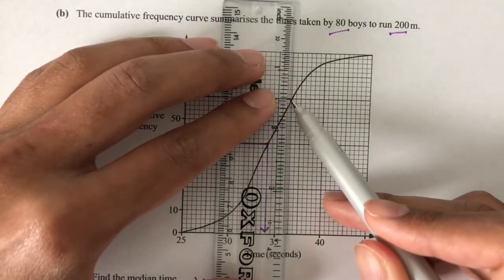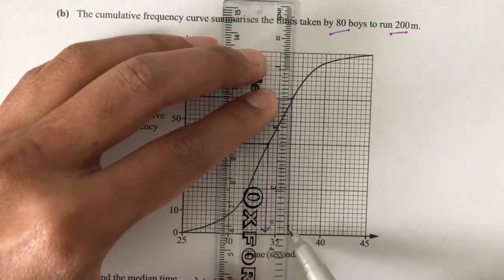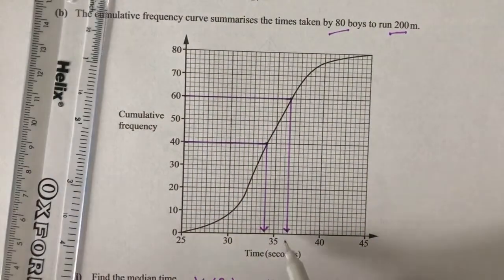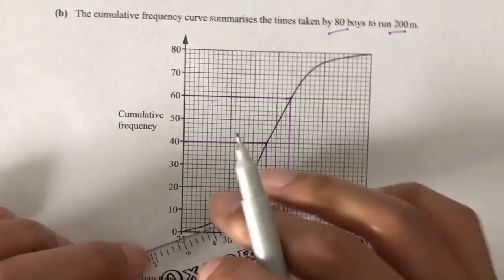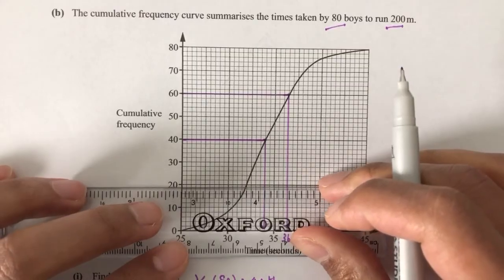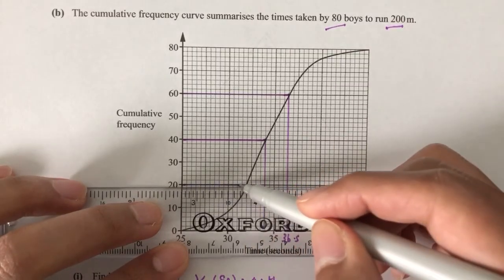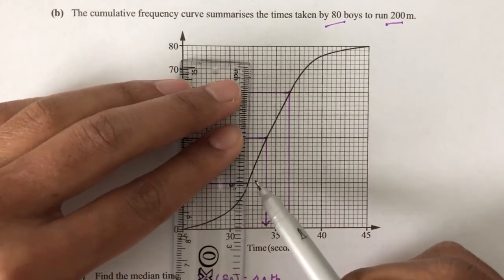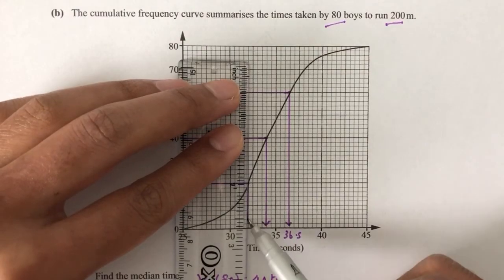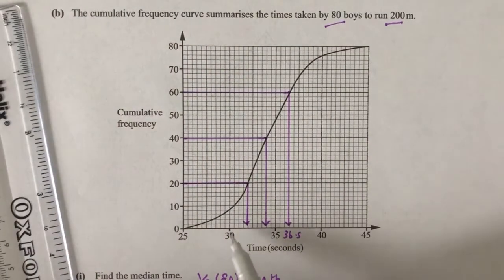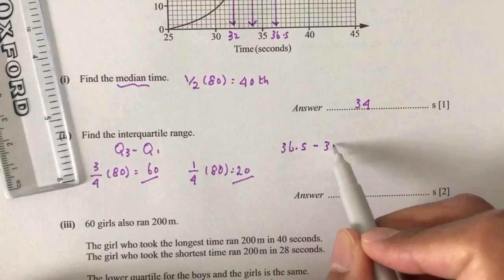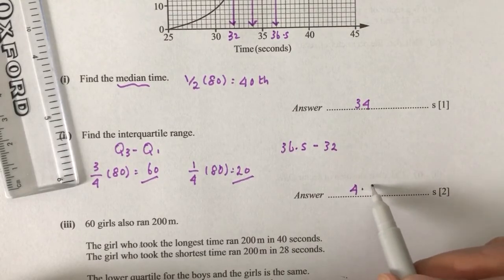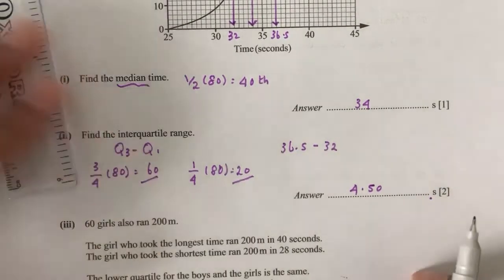This will be 36.5, and the 20th value will be this line. So let's connect and join this one here. That will be 32. So 36.5 minus 32, that should give you 4.5 seconds.